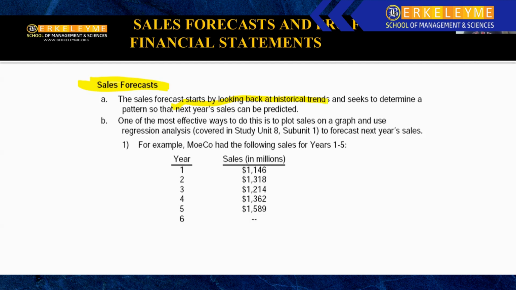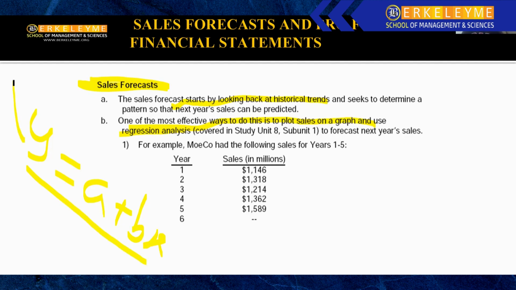He says that one of the most effective ways to do this is to plot sales on a graph and use regression analysis. Regression analysis is y equals a plus bx, which puts them into relation. y is the dependent variable, x is the independent variable, a stands for the constant and b stands for the variable.